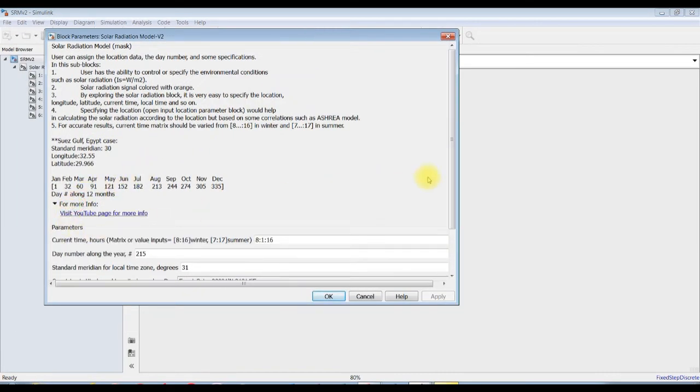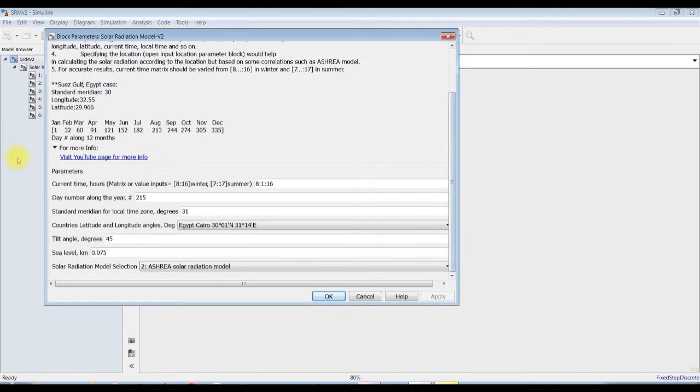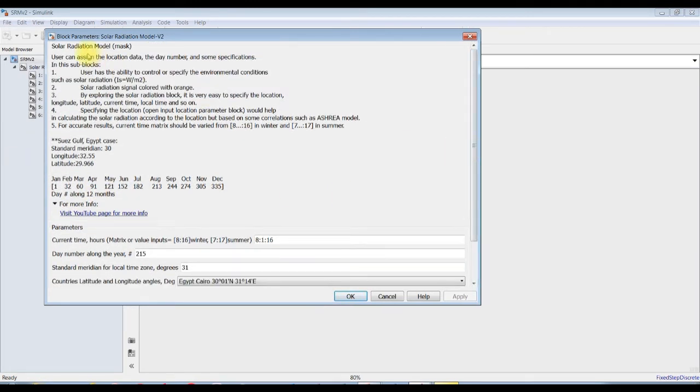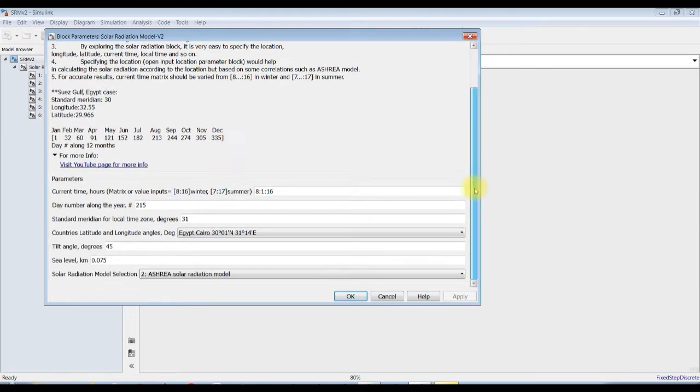We can visit the YouTube page for some tutorials and descriptions about the model. This is the Julian day of the year. We can choose: February represents day number 32, March day number 60, and so on, December the last day of the year.